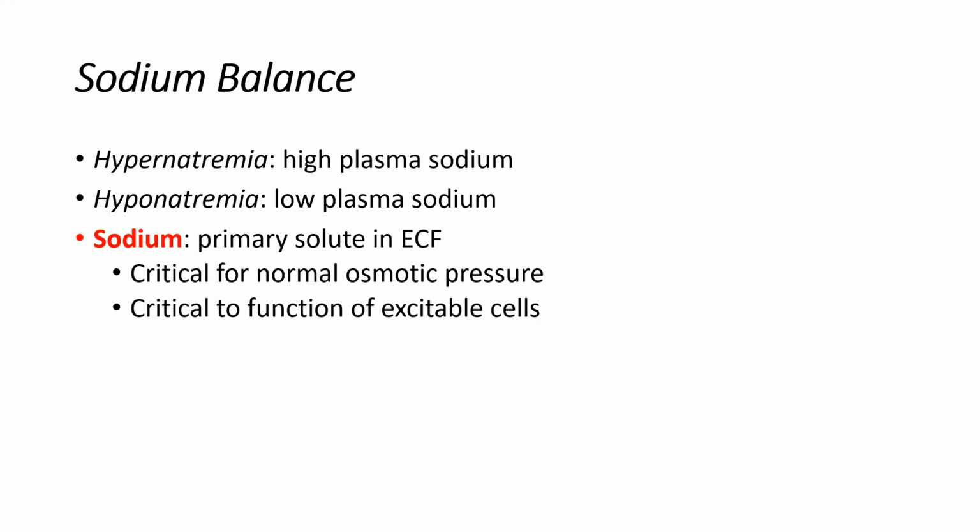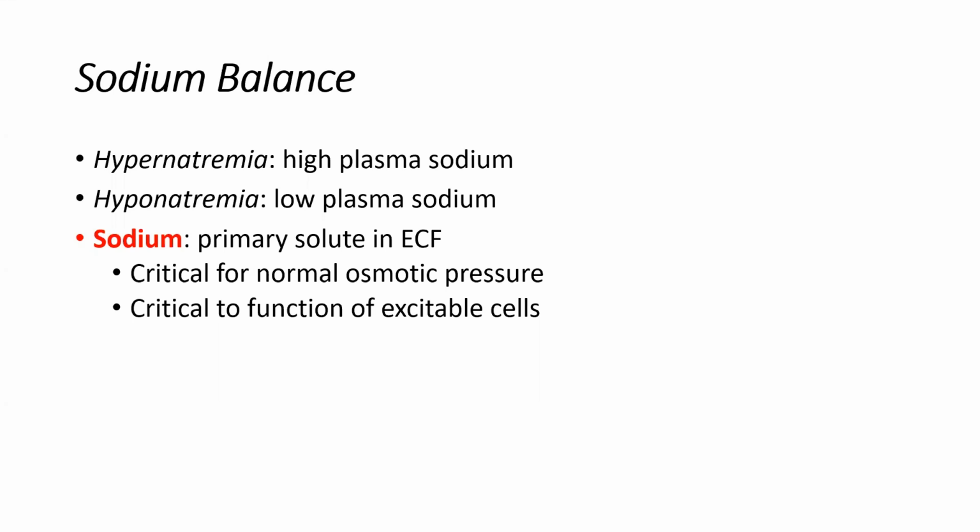It's also important for excitable cells. Muscles and neurons are reliant on sodium for the generation of the action potential we talked about. The main ion that generates the upstroke of an action potential is sodium. So sodium is really important, but it also needs to be very tightly regulated.